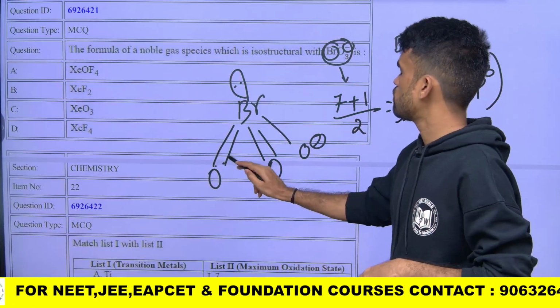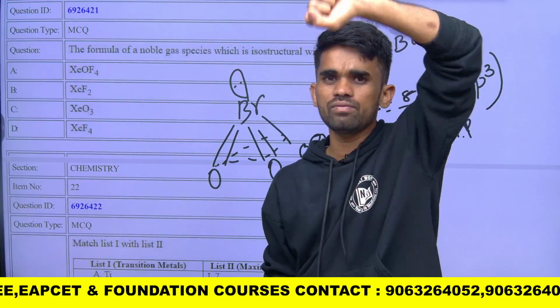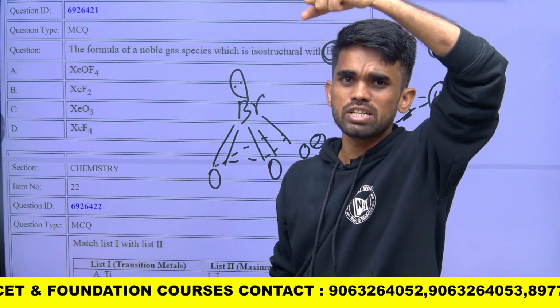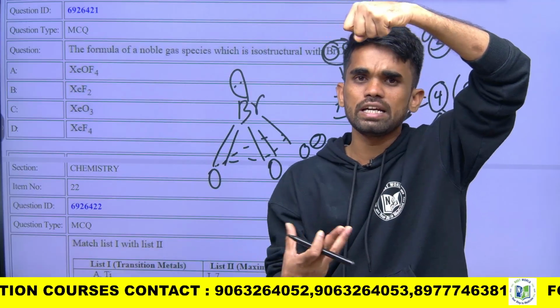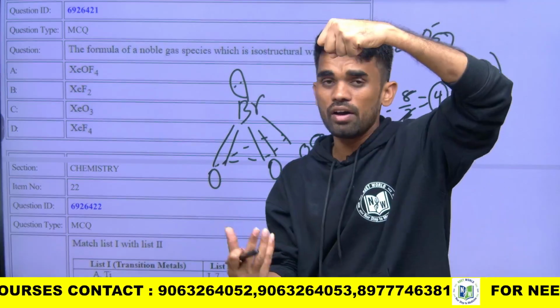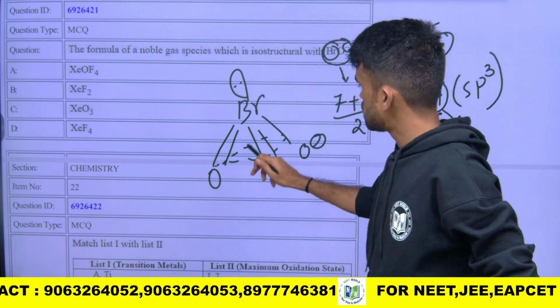So what is the shape of this molecule? So this is pyramidal. In tetrahedral, if one of the atoms is removed out of 4, the remaining atoms will have a tetrahedral geometry, having pyramidal shape. So this will be pyramidal.